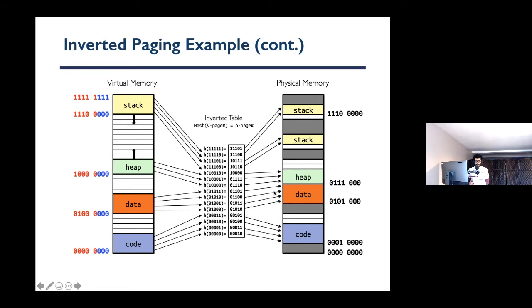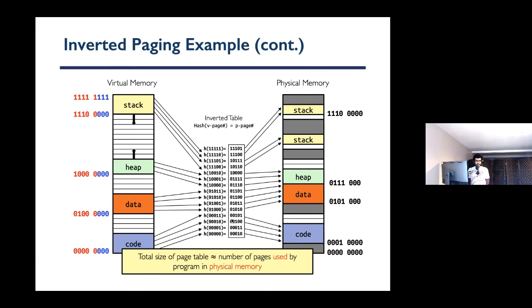So the maximum number of elements in my hash table will be the maximum number of pages in my physical memory. And to translate any particular address, I just hash it using this hash table. I use this virtual page number in red as key, and then hash it to find the corresponding translation to physical memory.